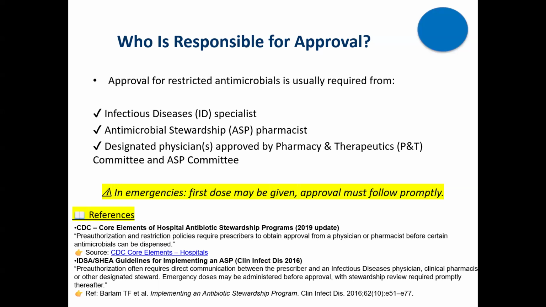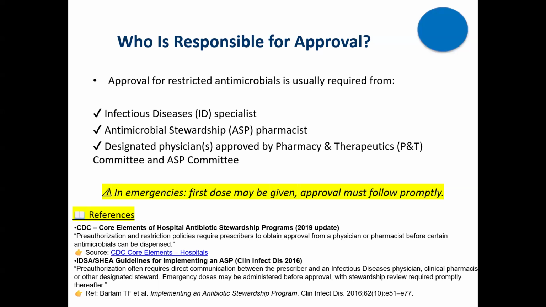Okay. Also, there may be a designated physician approved by the ASP committee or the PTC committee, and those physicians may be from the internal medicine department. They are designated to approve those antimicrobials.